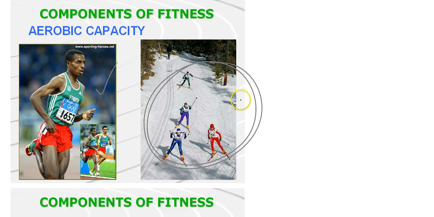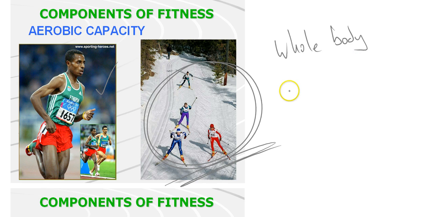In fact, our cross-country skiers are generally the athletes that are seen to have the greatest aerobic capacity. Words that we would tend to use for aerobic capacity would be whole body activities, and they last for an extended period of time.